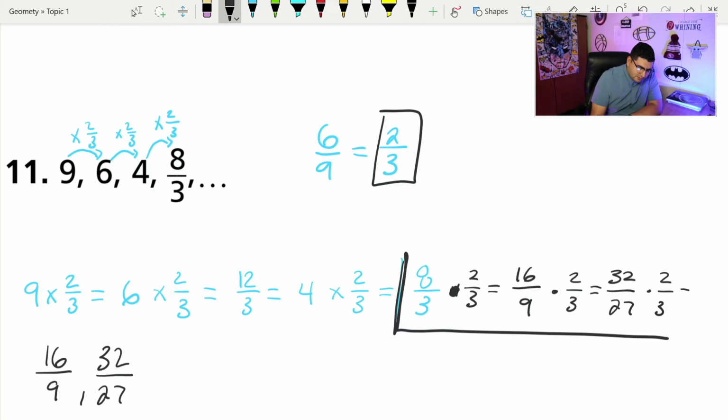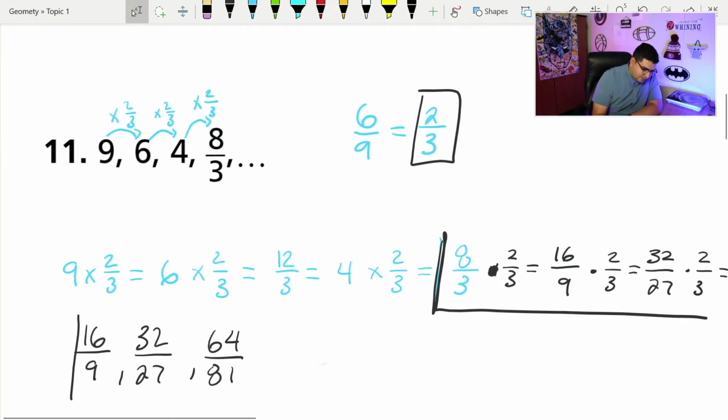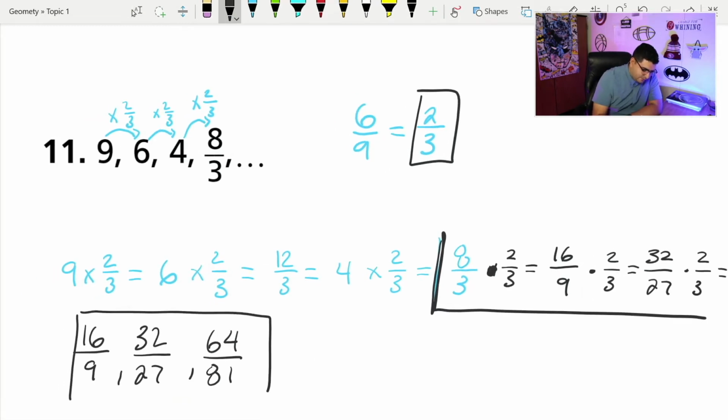Times 2/3, we would get 64 over 81, leaving our last number to be 64 over 81. So these three would be the next numbers that pop up in our pattern, and we'll leave them like that.